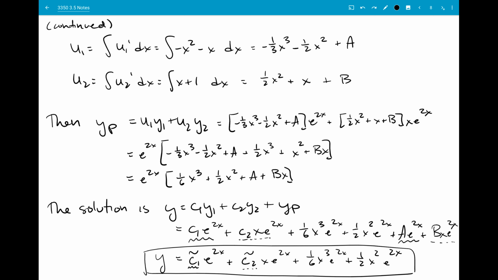So if you want to, when you're taking these integrals, you could just skip having the a and the b everywhere throughout. And then you wouldn't have to worry about this tilde thing. In the end, those terms will always multiply by y1 and y2. So you're just going to end up with repeats of c1 y1 plus c2 y2. If it helps you to hold on to those when you're integrating, that's fine. Just remember to cancel them out in the end.